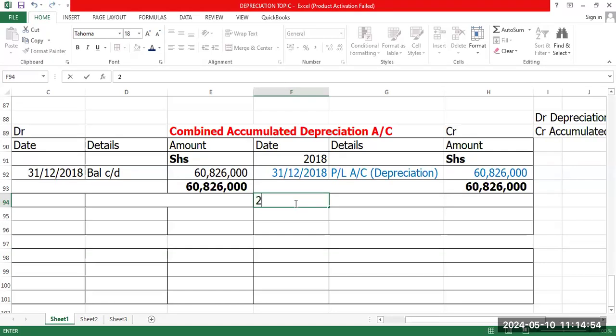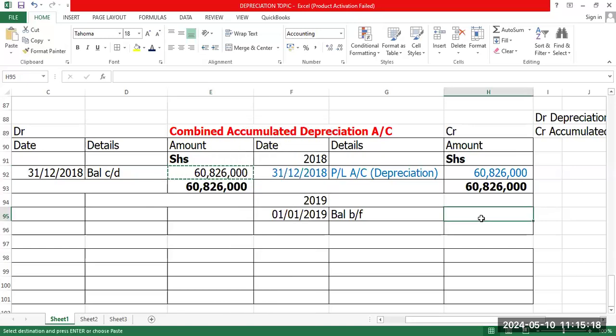Okay, here I can just put 2019 to help you when you're reading. Then when I'm starting this year, what was the value of accumulated depreciation? This is balance brought forward, and it is this figure. You put it here.